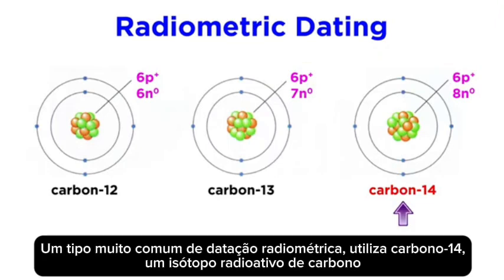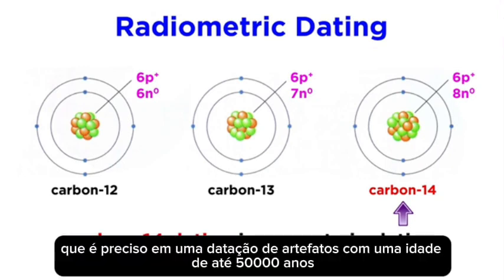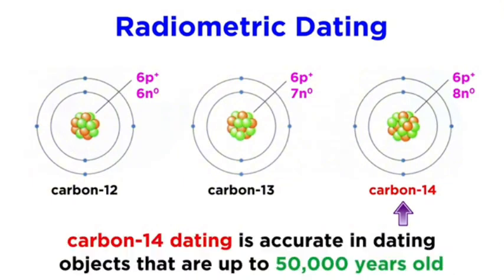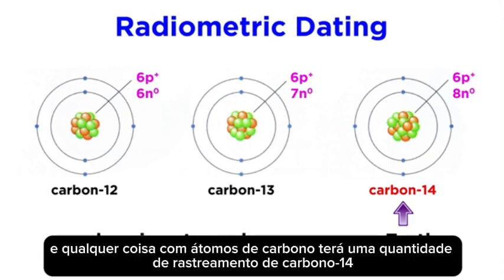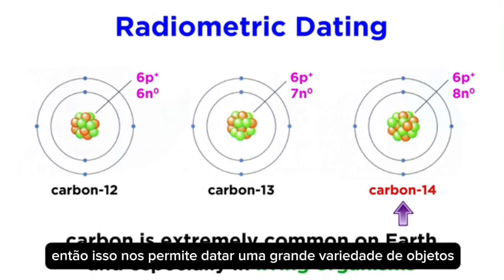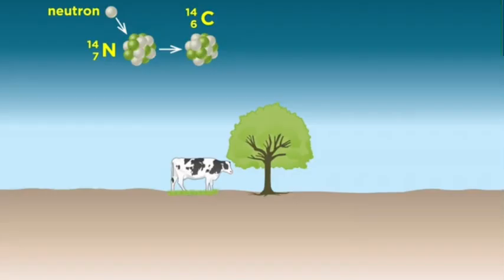A very common kind of radiometric dating utilizes carbon-14, a radioactive isotope of carbon, which is accurate in dating artifacts with an age of up to around 50,000 years. This is useful because carbon is such a common element, especially in living things, and anything with carbon atoms will have a trace amount of carbon-14. So this allows us to date a wide variety of objects.